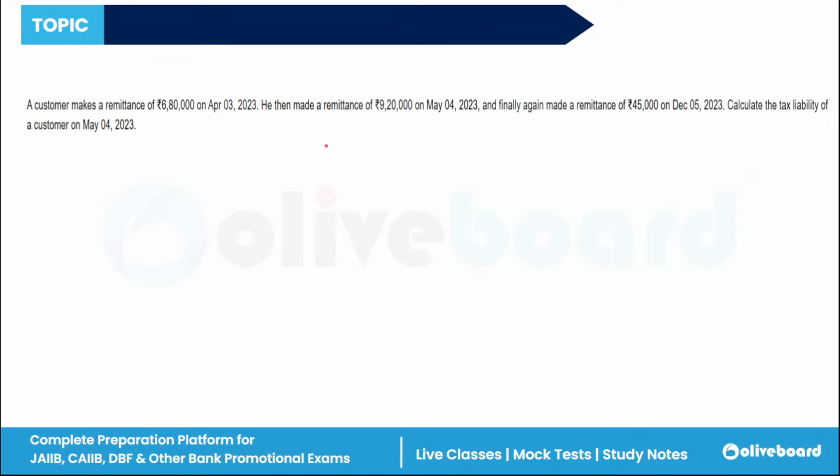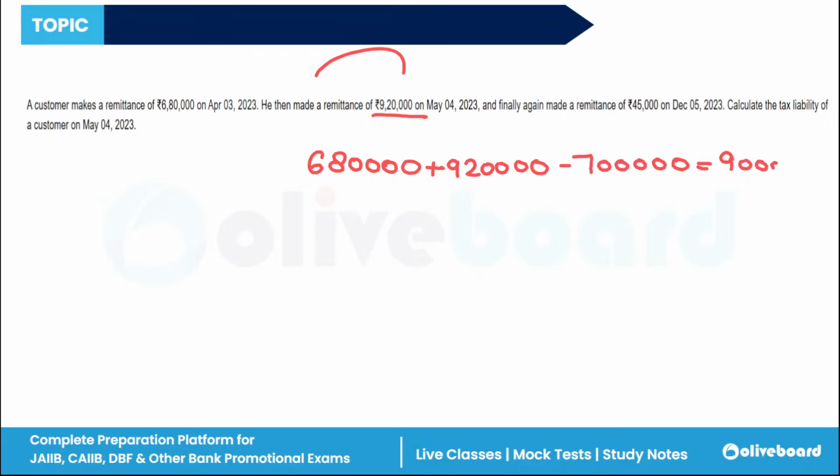That is exempted. So here 6,80,000 is exempted, but next is a remittance of 9,20,000, so we have to add this 9,20,000 because it exceeded the 7 lakh. Now just reduce the 7 lakh from it, so we get about 9 lakh here, right? Now on this 9 lakh we have to calculate 5%.